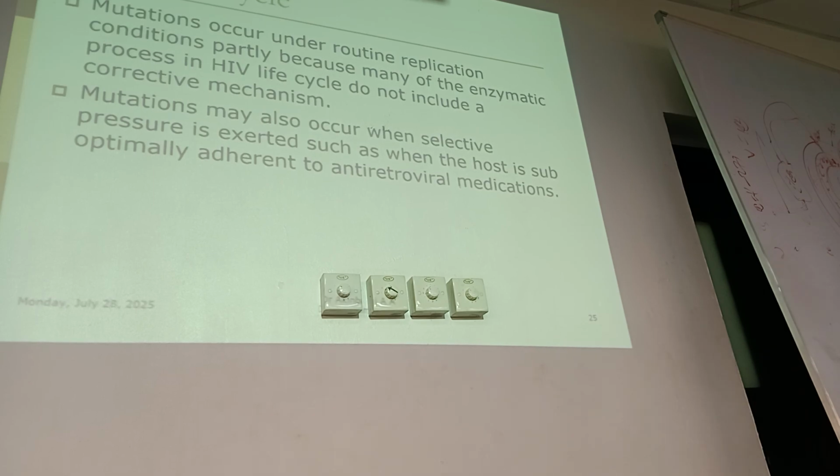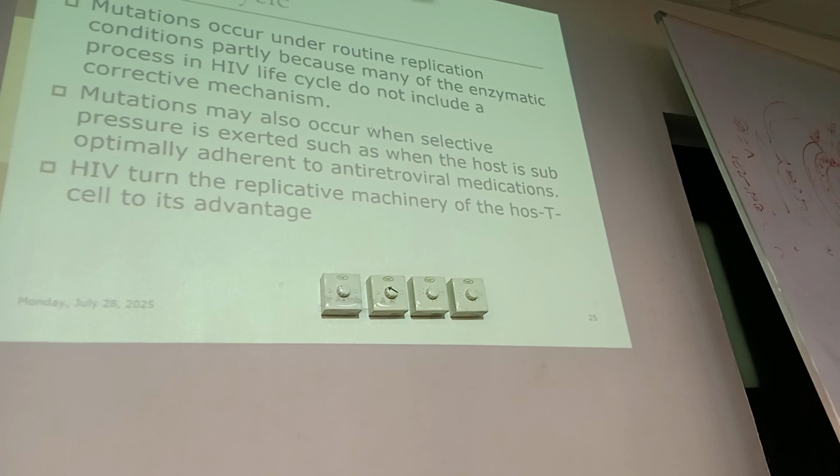So that is the challenge. Mutation occurs under routine replication conditions, partly because many of the enzymatic processes in the HIV life cycle do not include corrective mechanisms. Okay, mutation may also occur when selective pressure is exerted, such as when the host is suboptimally adherent to the HIV drugs.